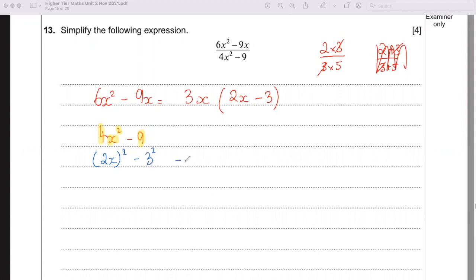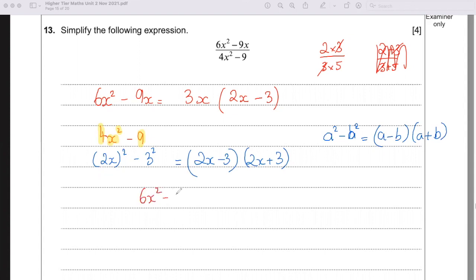And why am I doing this? Because the formula for the difference between two squares, a squared minus b squared, is a minus b times a plus b. So I would get 2x minus 3 times 2x plus 3. Okay, so that is my numerator, and this is my denominator. I'm just going to put them together. I might just write down the question again.